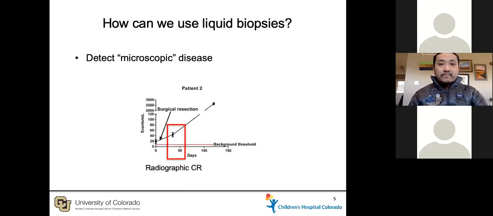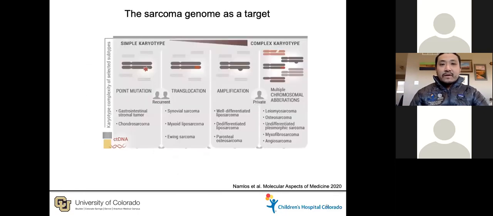For example, detecting microscopic disease: this was a patient where we looked at circulating tumor DNA. While the patient was in radiographic CR, there was still detectable tumor-derived DNA. So you could detect microscopic disease before relapse, and you can also monitor response to therapy.